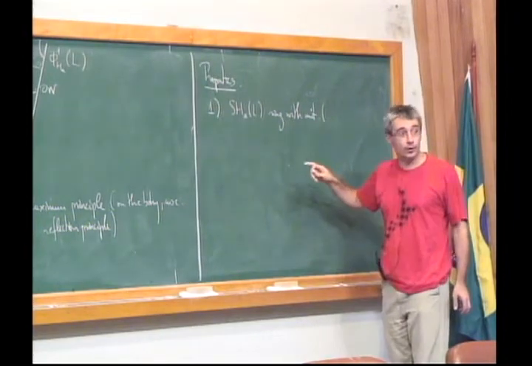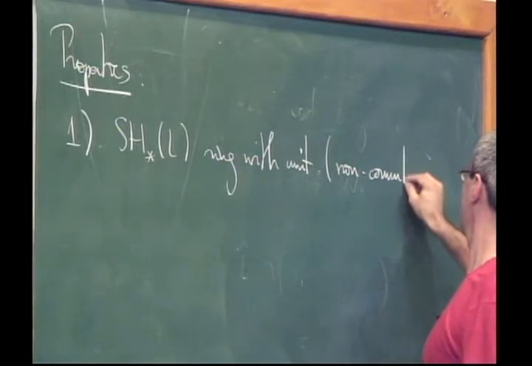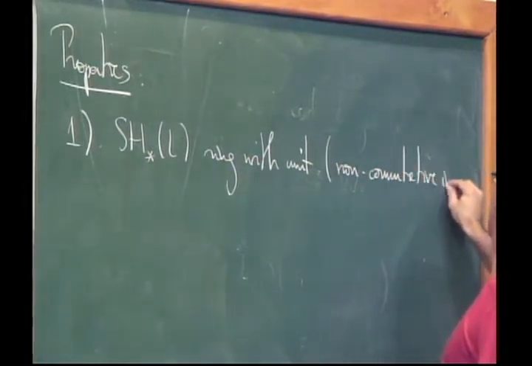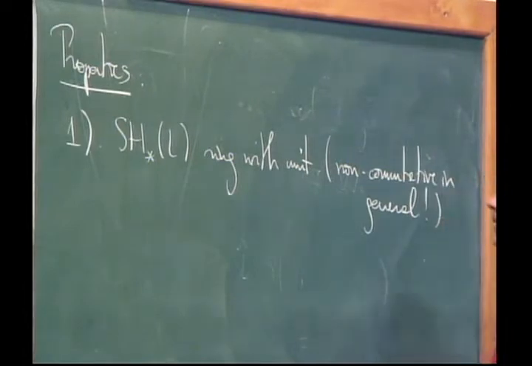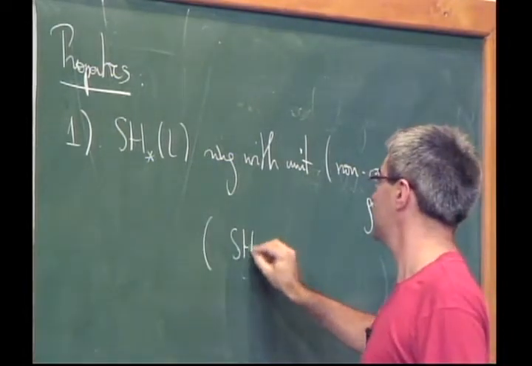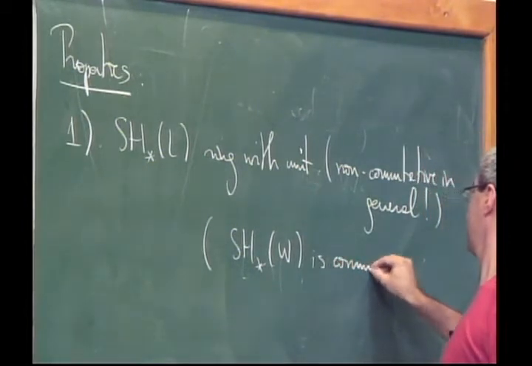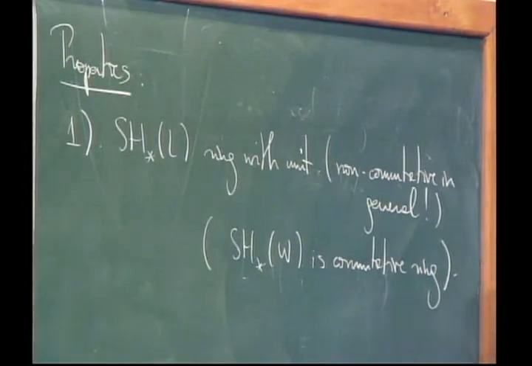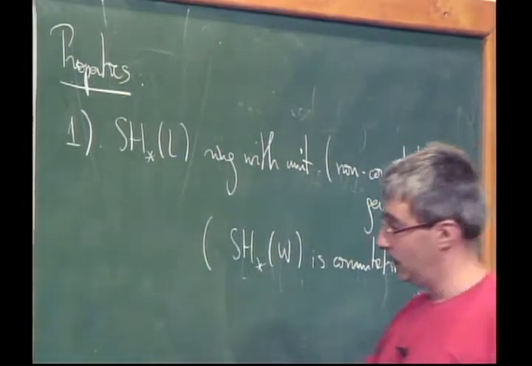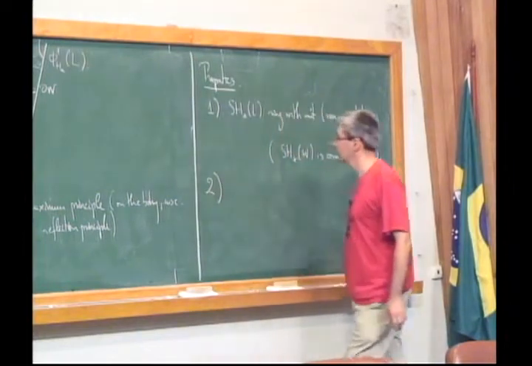For this one, it's non-commutative in general. SH star is a commutative ring. I'll talk about the ring structure.